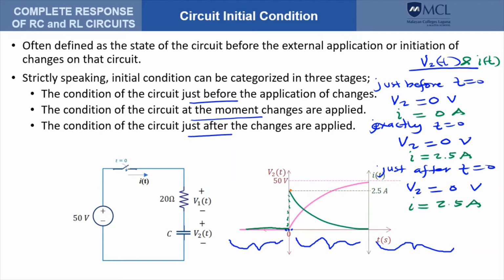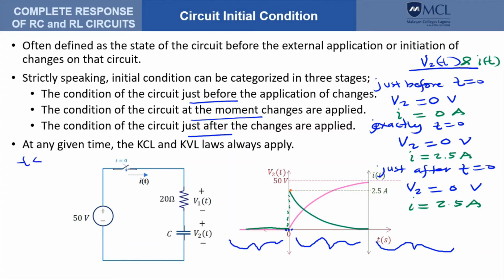Regardless of what time you are in, the KCL and KVL still apply. So what do I mean by that? For example, at t before 0, let's say t equals negative 1 second, you should be able to apply the KVL equation.